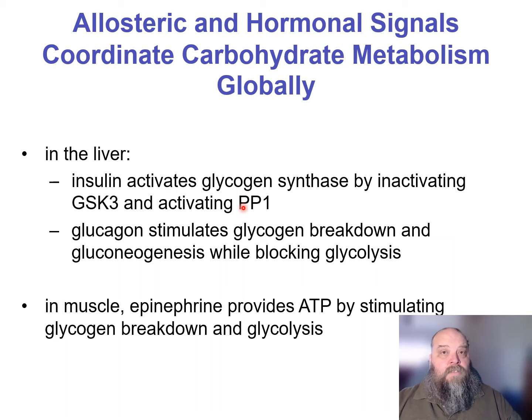It activates PP1 so it can take more of the inactive B, dephosphorylate it, and turn it into A. Flip side of that coin, glucagon inhibits PP1 and aids in GSK3 activation. That keeps the breakdown, the liberation, going.